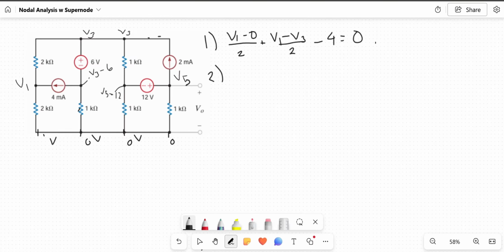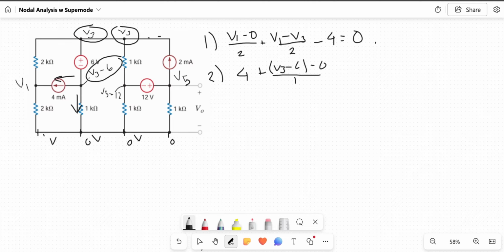And now for the next node, I'm going to choose V3. And don't forget, if there is an unknown value, we have to include all unknowns in the equation. So this V3 minus 6 is also included. I can see that there is 4 milliamps going away from V3 minus 6, so that's a positive 4 milliamps. The current from V3 minus 6 to 0 volts would be plus V3 minus 6 minus 0 over 1.